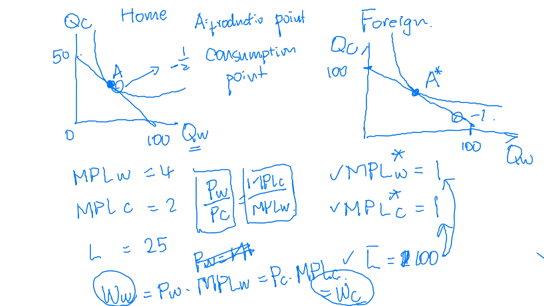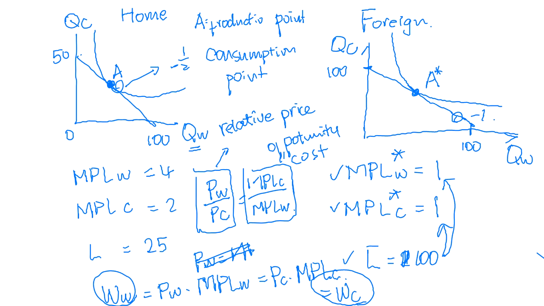Relative price in autarky should equal the opportunity cost. So the relative price of wheat should equal the opportunity cost of wheat in the no trade scenario. And it's the same here.